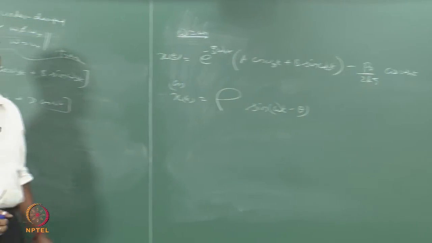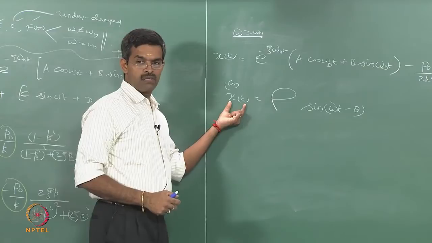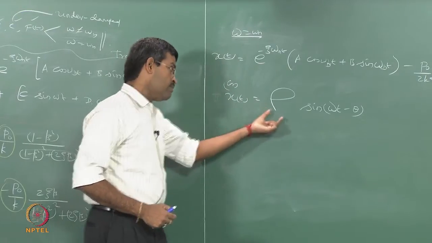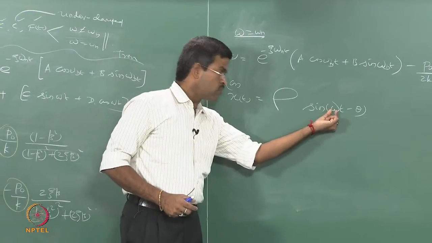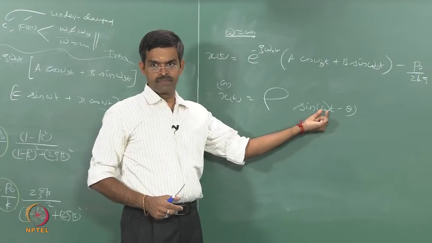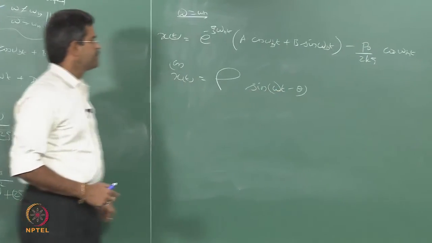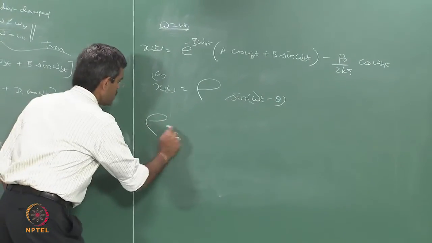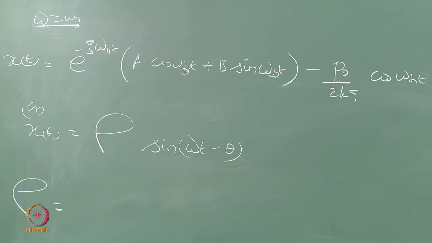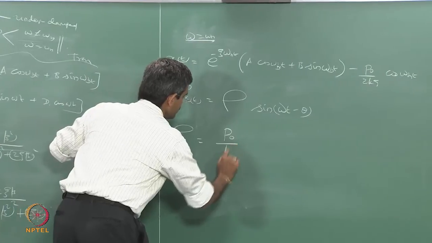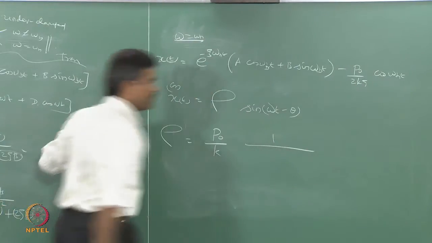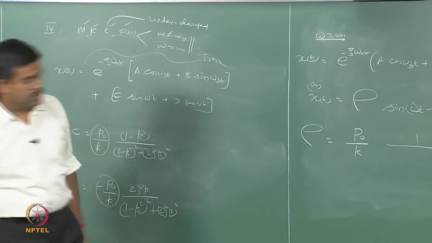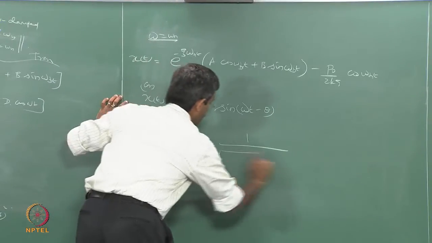It is always preferable to express the response in terms of some factor of that of the forcing function. The moment we say that, this value rho is given by P naught by k times 1 by root of.